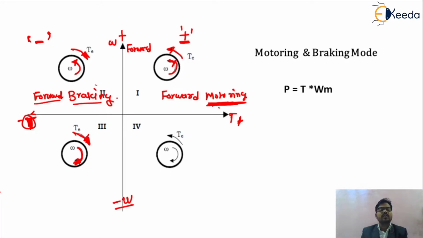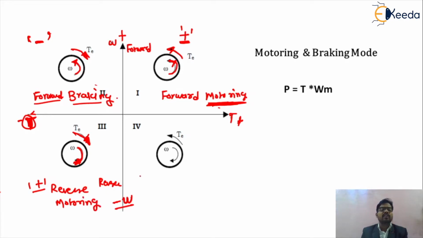The direction of speed is also negative. As we know, negative times negative gives a positive resultant, but in the reverse direction. So that's why it is called a positive resultant, and that's why it is called reverse motoring.